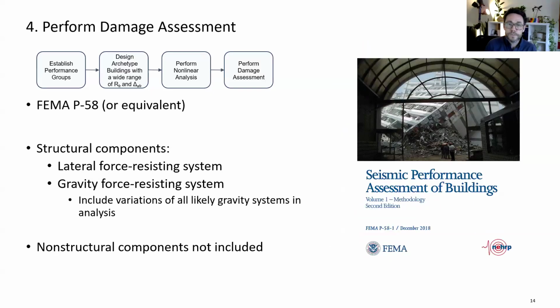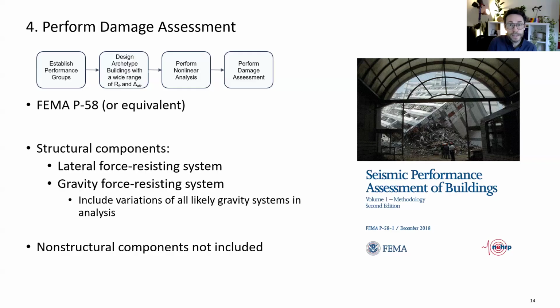So the next step is to perform a damage assessment using FEMA P58 or equivalent methods. We only need to consider structural components here, though we do consider both elements that are part of the seismic force resisting system and the gravity force resisting system, as I was alluding to earlier.